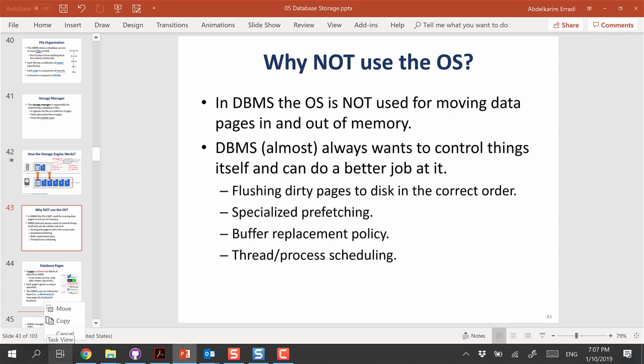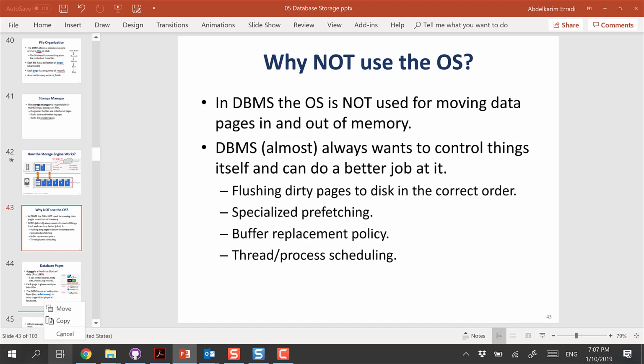Okay, so there is almost no database out there, most of them, that relies on the OS to manage the data inside the file. And the reason is that the database can do a better job because it has much more information. It knows, for example, which pages are more heavily used than others, and which queries are executed more than others.